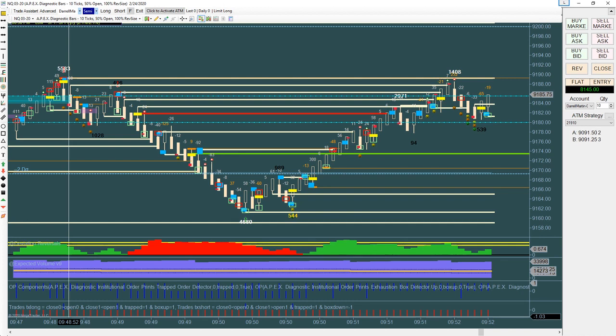What do y'all think on this one? You got a long, you got a mini magnet on it. It's going above a wall. There you go. Good job. I said it was a tricky one. I gave you a clue. Not a reversal bar. There you go. Not a reversal bar.